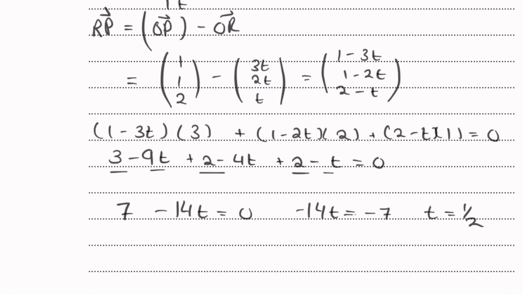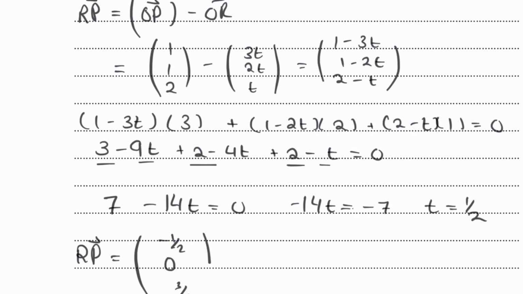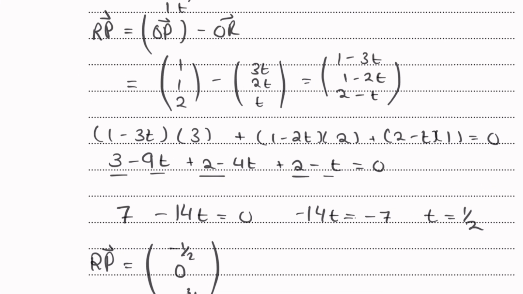Given that, we can find then RP, because we already have it in terms of t. 1 minus 3 divided by 2, that's going to be negative 1/2. 1 minus 2 times 0.5 is going to be 0, and 2 minus 0.5 is 3 over 2. If we have the RP vector, we can find its magnitude by taking the square root of x squared plus y squared plus z squared.